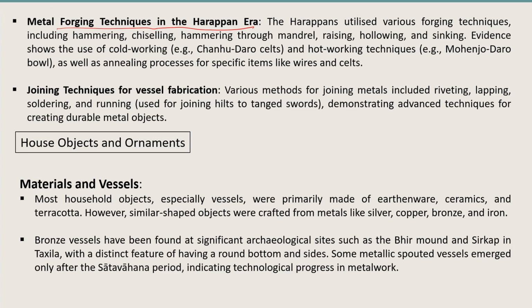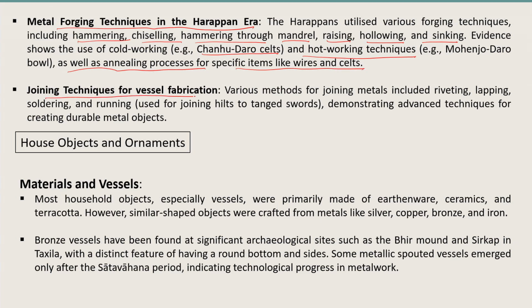Next is metal forging technique in the Harappan era. The Harappans utilized various forging techniques including hammering, chiseling, hammering through mandrel, raising, hollowing and sinking. Evidence shows the use of cold working, for instance, the Chanhudaro celt, and hot working techniques from the Mohenjo-daro bowl, as well as the annealing process for specific items like wire and celt.